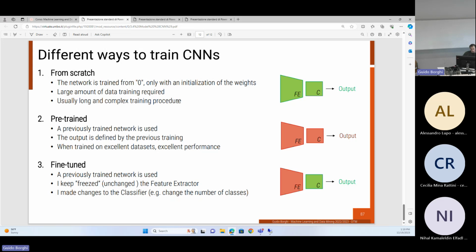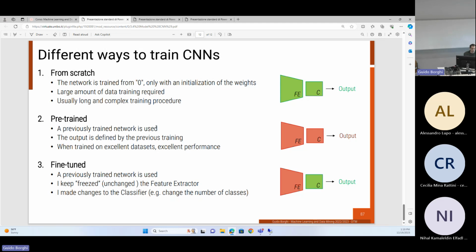In this case, we have to use powerful GPUs in order to train our network. As you can see in the image on the right, with this procedure, we train both the feature extraction part, represented here in green, and also the classifier, so the last part of the network.